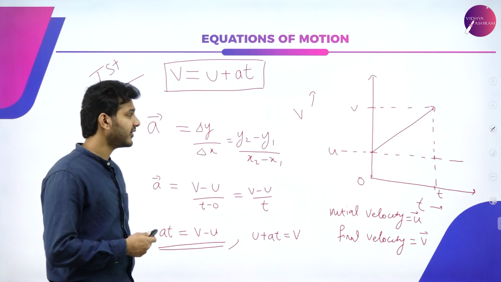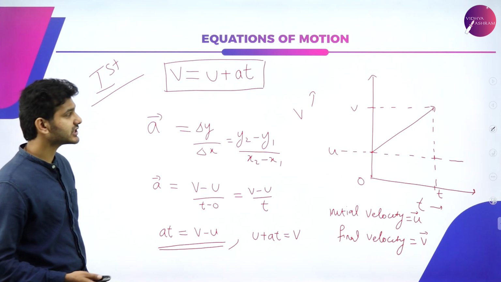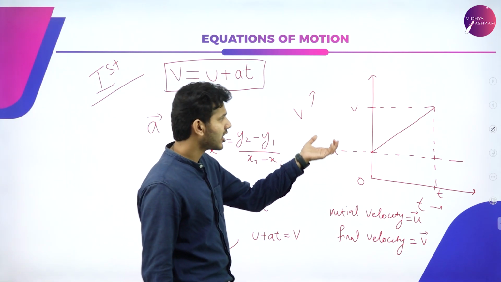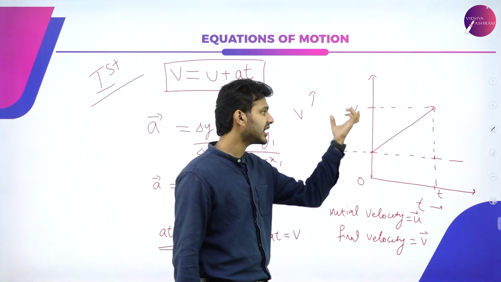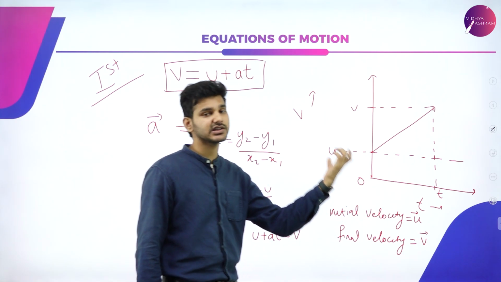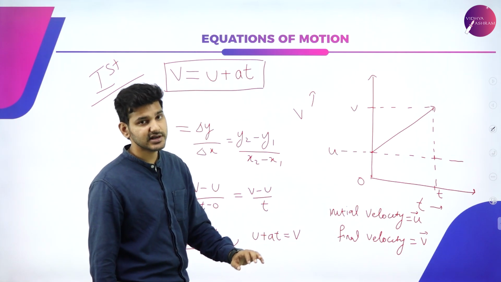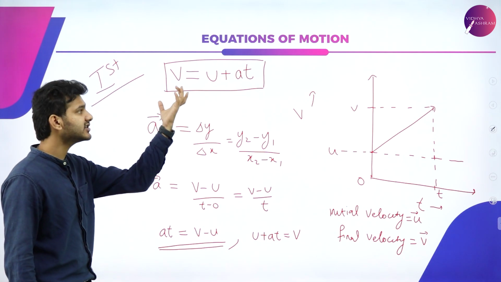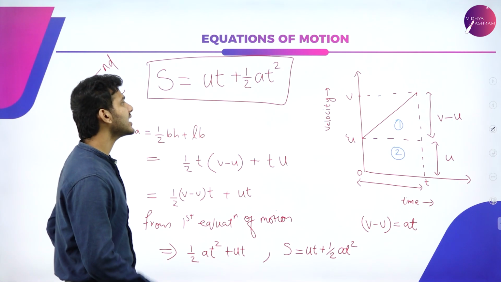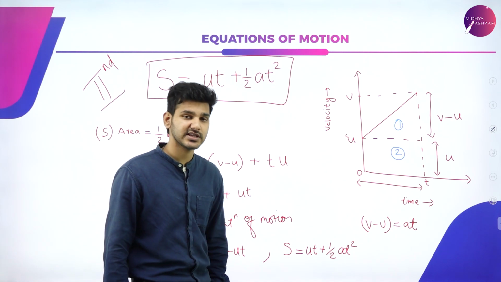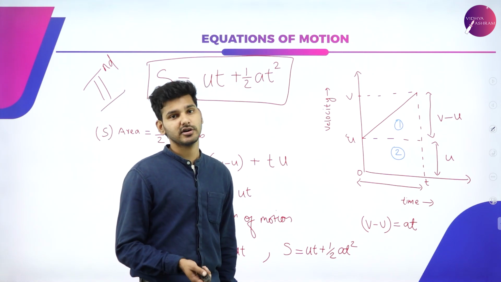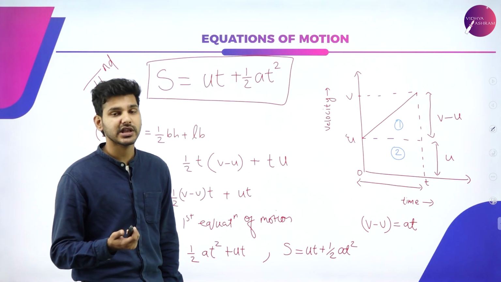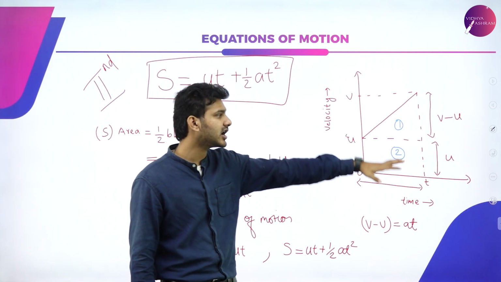So again, the way we find the first equation of motion is that we consider the graph where there is an initial and final velocity. It is a velocity against time graph, and then we take the slope, and when we take the slope, we get the first equation of motion. And for the second equation of motion, it is very simple. We are going to exploit a property of graphs, that is, the area under the graph.